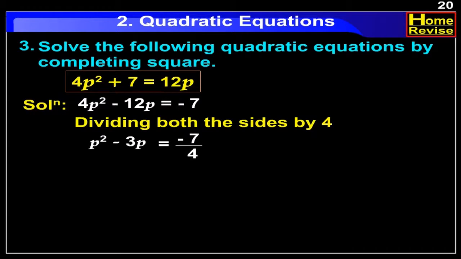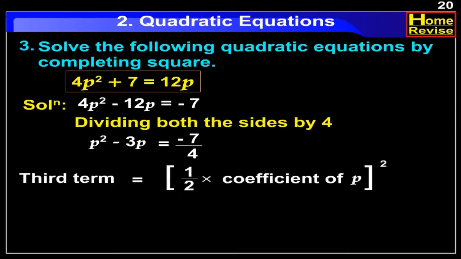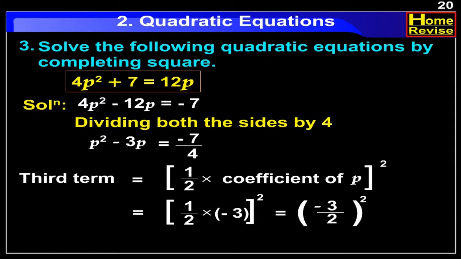Now, we will make LHS a perfect square by using third term is equal to half into coefficient of p whole bracket square, which is equal to half into minus 3 whole bracket square, is equal to minus 3 upon 2 whole square, which is equal to 9 upon 4.